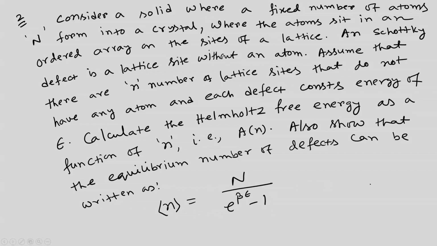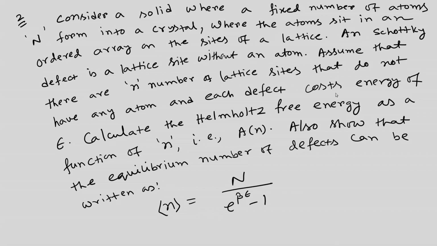Okay. The second problem is, consider a solid where a fixed number of atoms N form into a crystal, where the atoms sit in an ordered array on the sites of a lattice, and a Schottky defect is a lattice site without an atom.